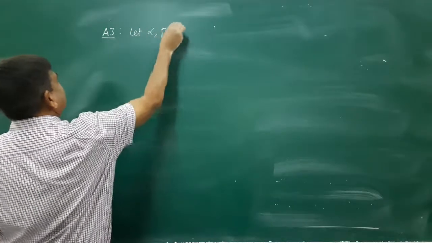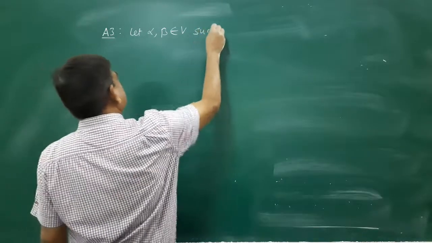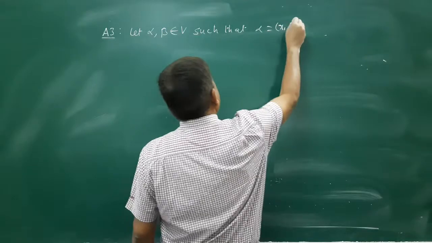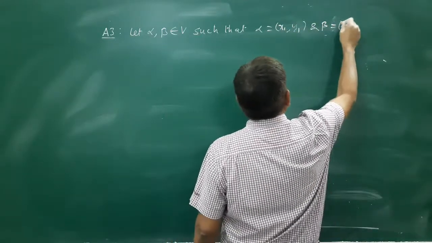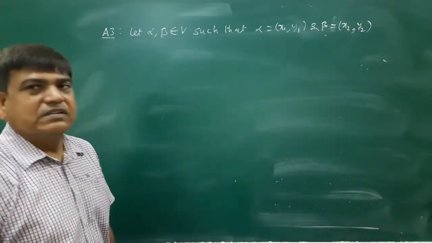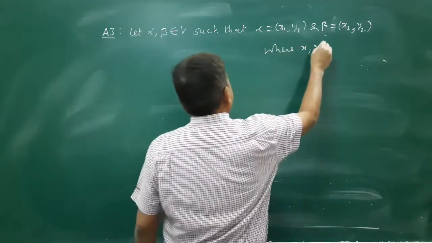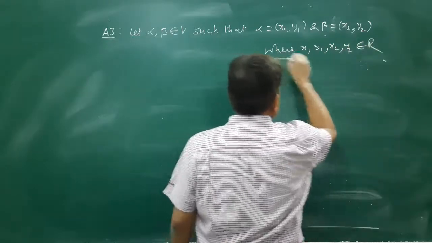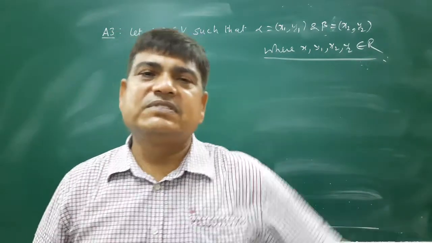Let alpha, beta belong to V. Entries are from the set of real numbers.